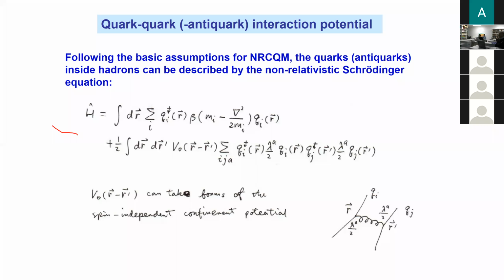Yes, exactly, you're right. I put this as a shorthand sort of way. If I do the expansion of the 4 component into 2 component, then I should recover this form, and that will appear. You are right. This is a little bit shorthand.